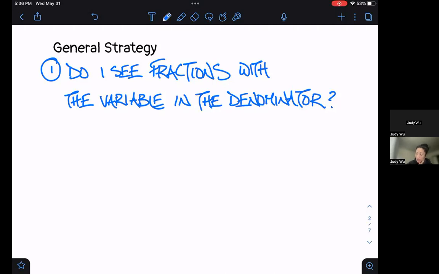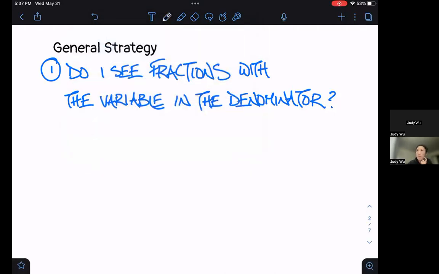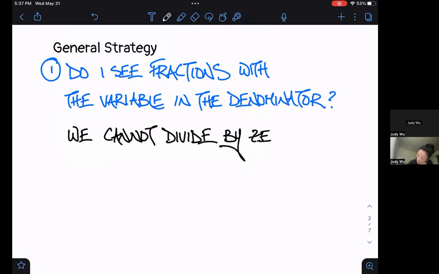The reason I like to ask myself this question first is because of something we may remember from a previous class: we cannot divide by 0.